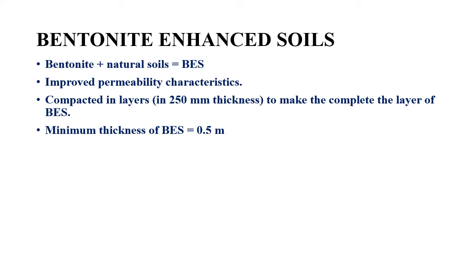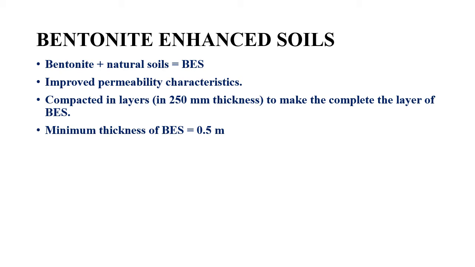Okay, so all the recommendations for a liner material have to be met by these bentonite enhanced soils as well. So when we are using bentonite, there are two different options actually. We can either use a sodium bentonite or a calcium bentonite. Both have different properties. Okay. In sodium bentonite, the dominant cation is sodium, and in calcium bentonite, the dominant cation is calcium.